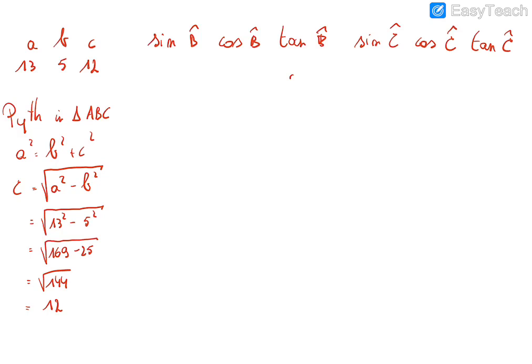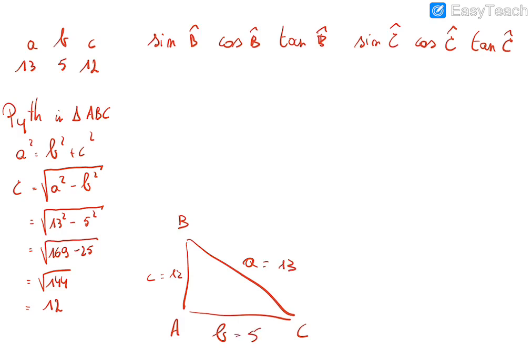Okay, sine B. There you simply have to write the fraction. You do not have to give any calculations for me. It might be handy if you simply make a sketch. So this is A, B, and C. So this is 12, this is 13, and this is 5.